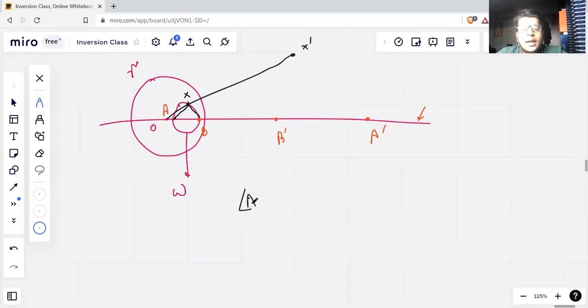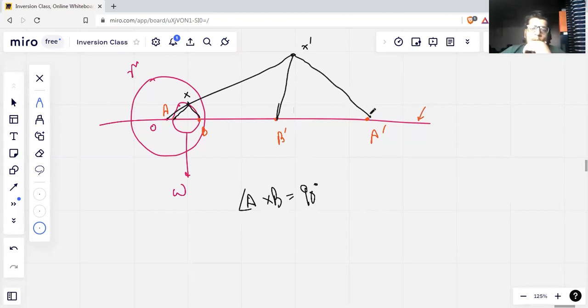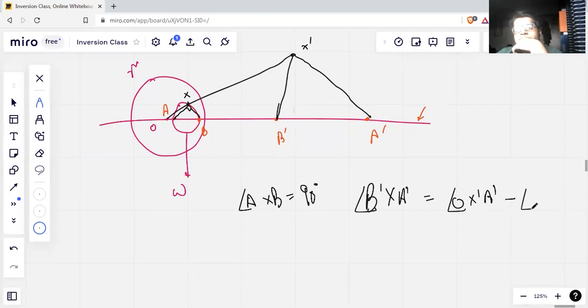We have that angle AXB is 90 degrees, right? AXB is 90. Okay. Now notice that angle B dash X A dash is equal to angle OX dash A dash minus angle OX dash B dash, right?